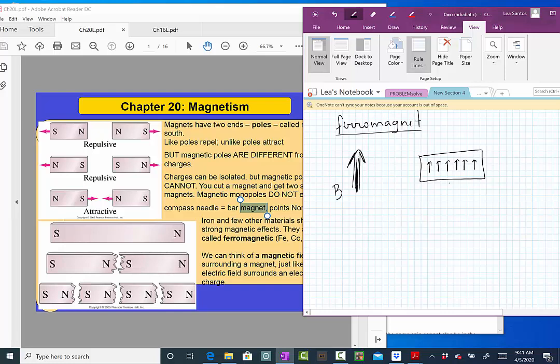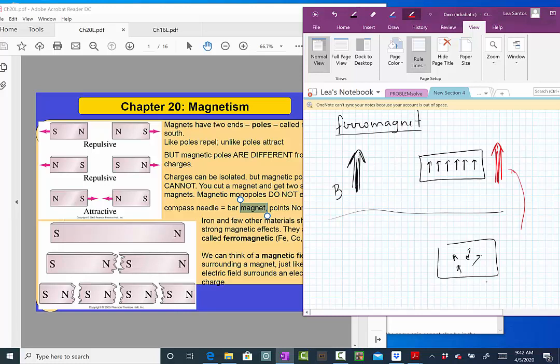And so this piece of iron now gives rise itself to a new net magnetic field. So now this piece of iron can behave as a magnet. Now, if I take this piece of iron away from the magnetic field, well, if you wait some time, eventually you will have the spins pointing in arbitrary directions again, so you'll see that this magnetic field will die away.